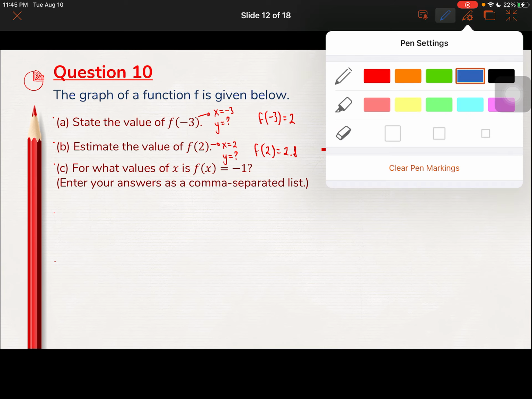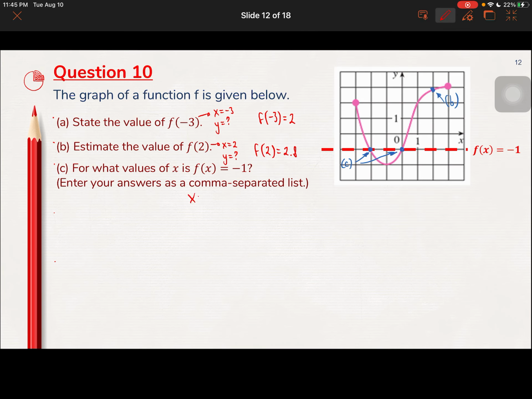So the answer for this letter is that x is -2, 0, and that is for letter C.